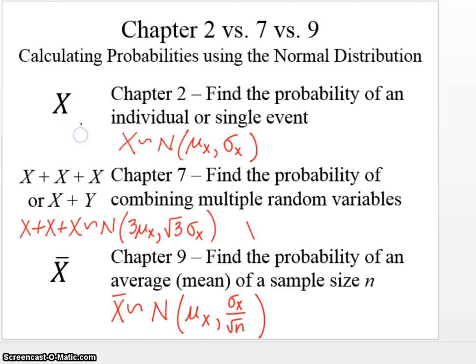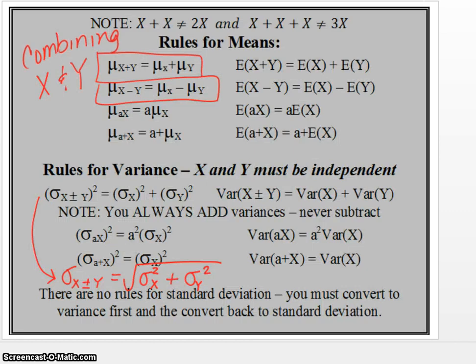Or we can do X plus Y, if you want that to be normally distributed, the new mean will be the mean of X plus the mean of Y, and the new standard deviation will be what we talked about here. That's the formula for the variance, so you have to change everything to variance, add them together, then square root everything.